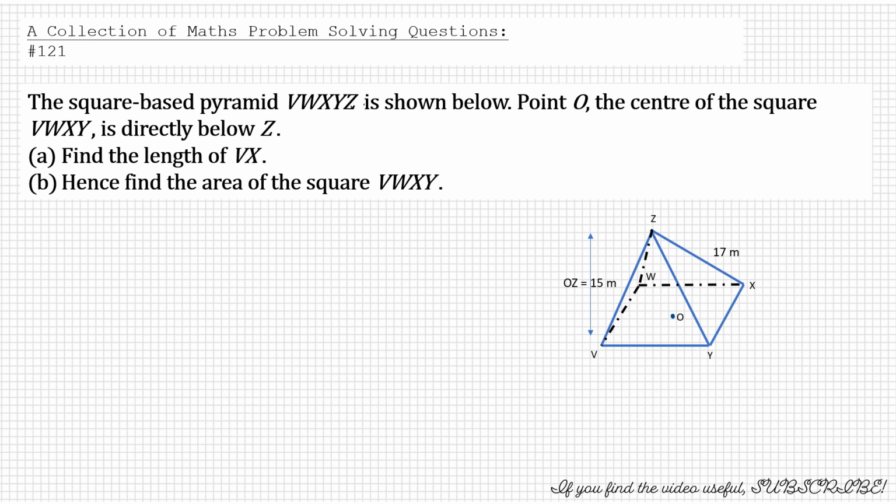And if we join ZO, then ZO would be perpendicular to VX. So in 3D, it will be perpendicular. VX is like a line at the base, and ZO is at a right angle to it.